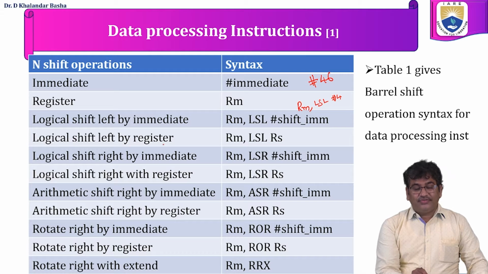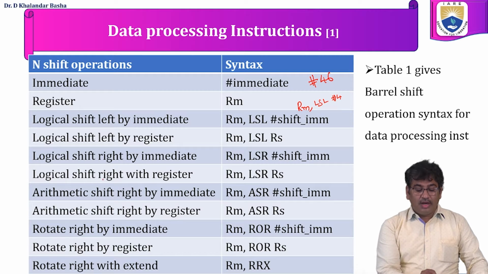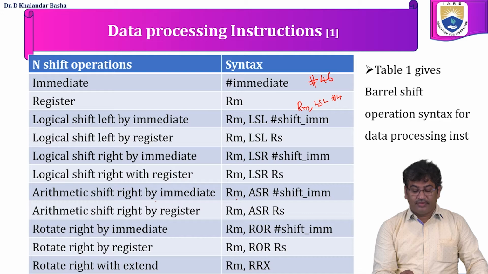Similarly, logical left shift by register: Rm, LSL, Rs. This Rs contents will be used as the left shift amount. Logical shift right with immediate: Rm, LSR, #immediate data. Logical shift right with register: Rm, LSR, Rs. Arithmetic shift right with immediate: Rm, ASR, #shift immediate data.